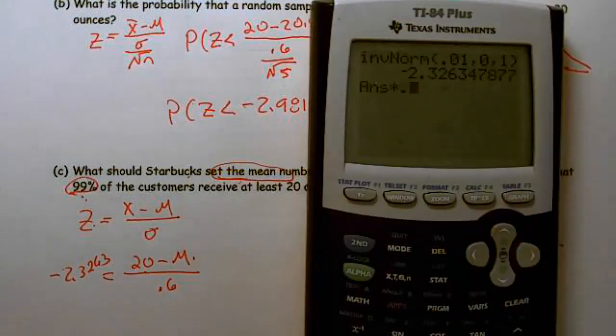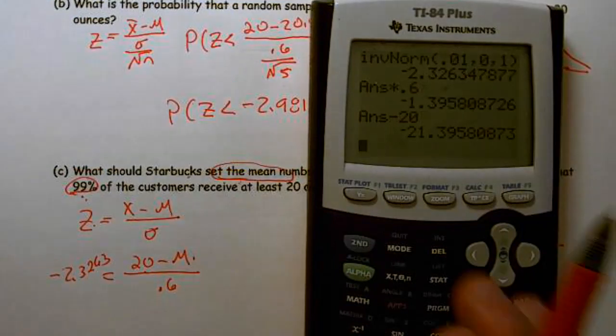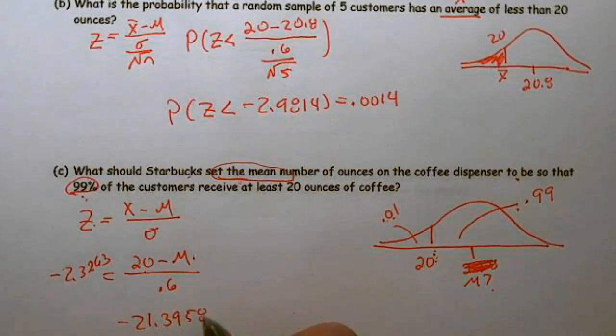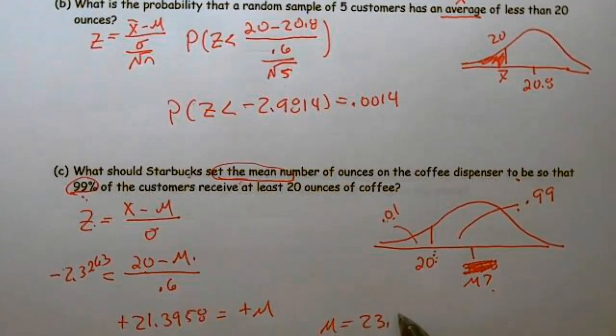So times 0.6, not plus, minus the 20, and I end up getting negative 21.3958 equals negative mu. All right, so I can make those both positive, and that's my answer. My mean is 21.3958.